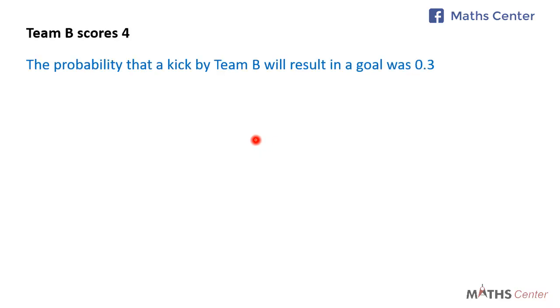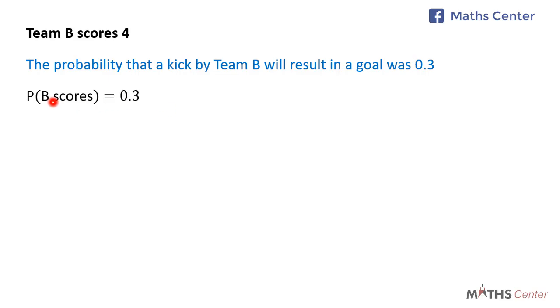From the question, we are told that the probability that a kick by team B will result in a goal was 0.3. So it means that the probability that team B scores is 0.3. The probability that team B scores and the probability that team B misses are opposite to each other. So it means that when you add those 2 probabilities, you should get 1.